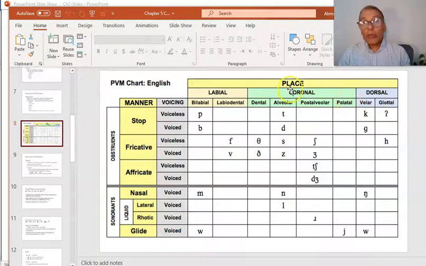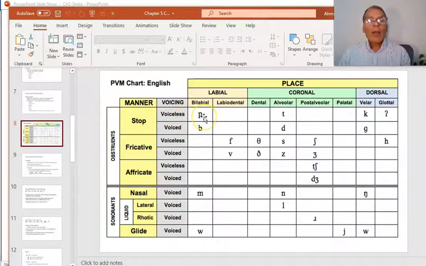In terms of placement, each two of these has a different placement except for the last one. So the P and B, both lips are involved to make them. We call them bilabial sounds. So the p, in terms of the description, is a stop and a bilabial.